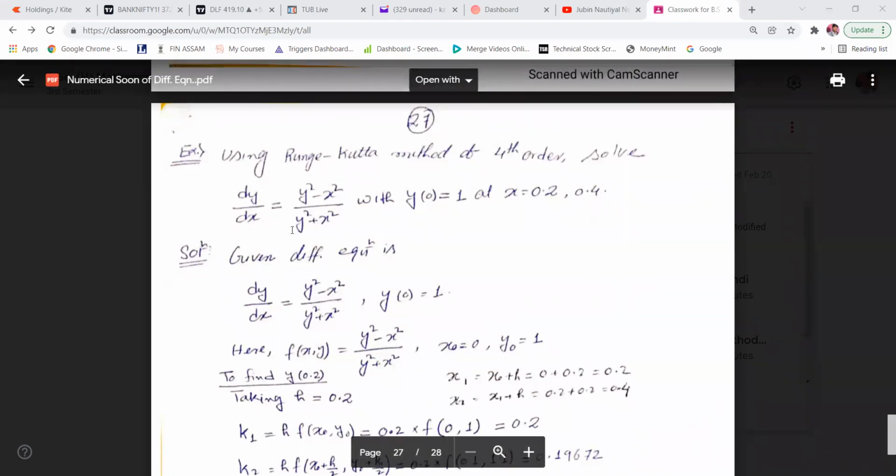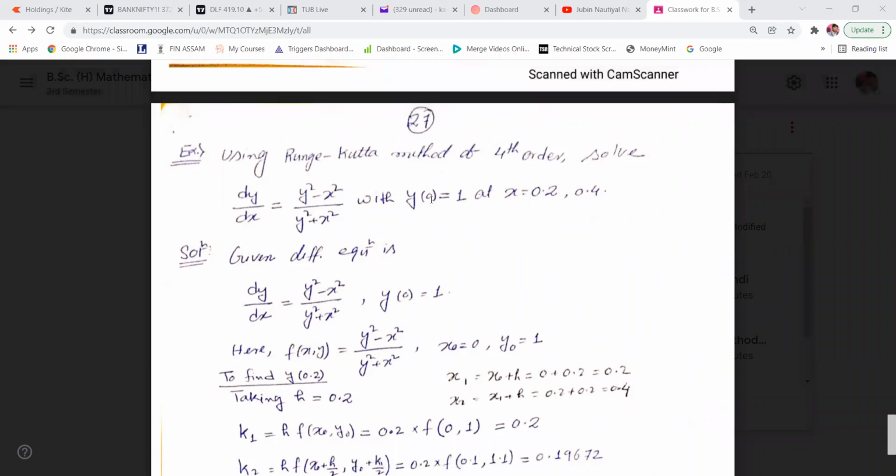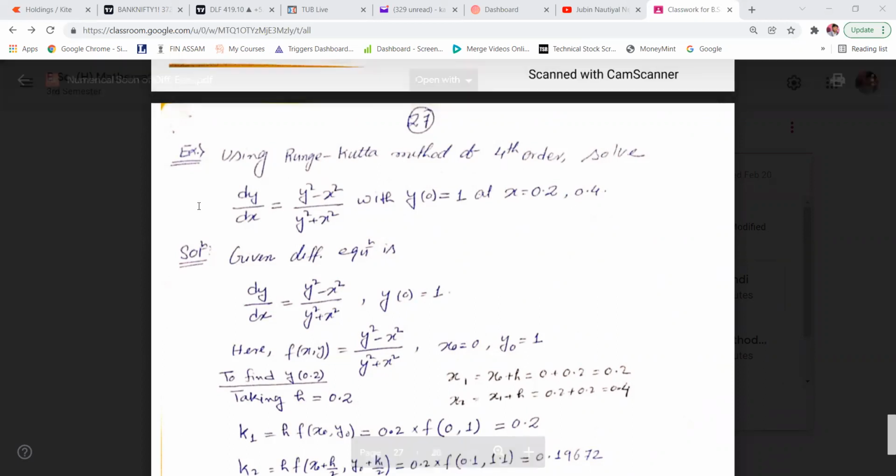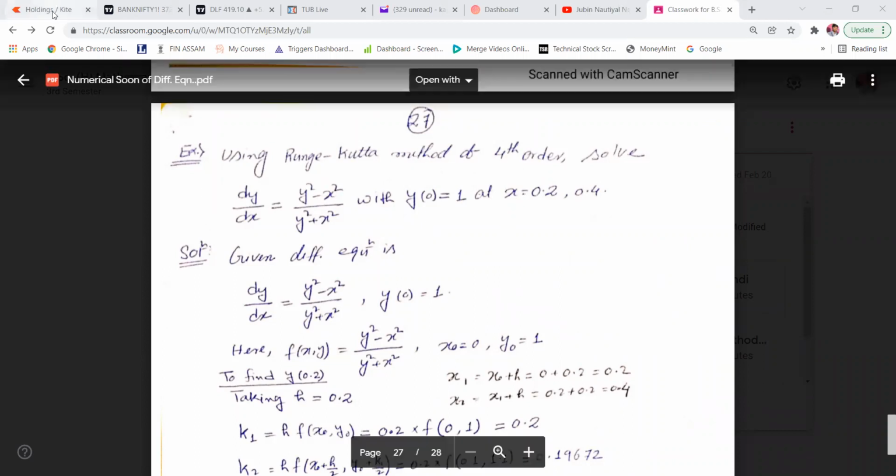There is another problem of a similar kind. RK method, dy by dx is this one, y at 0 equal to 1 and x equal to 0.2, 0.4. So what you need to find? You need to find the value of y at two different points, x equal to 0.2 and 0.4.